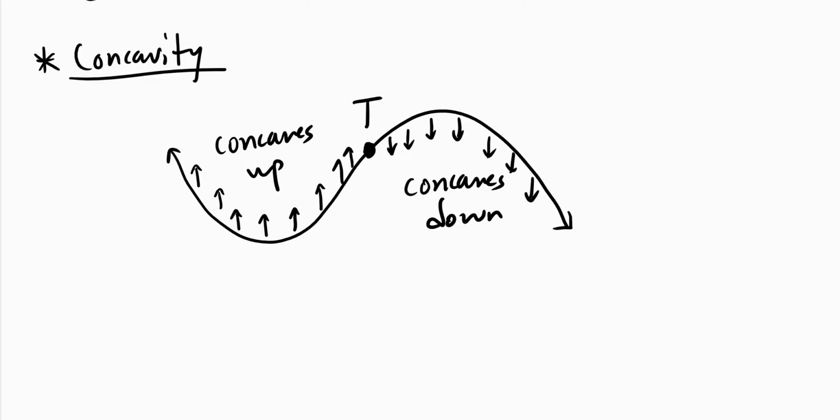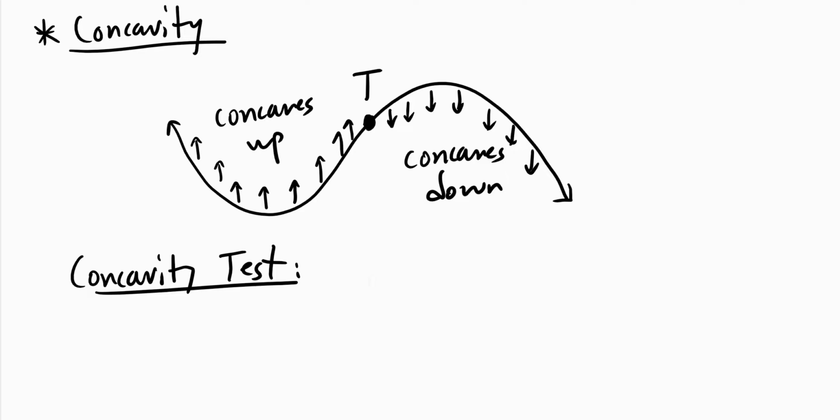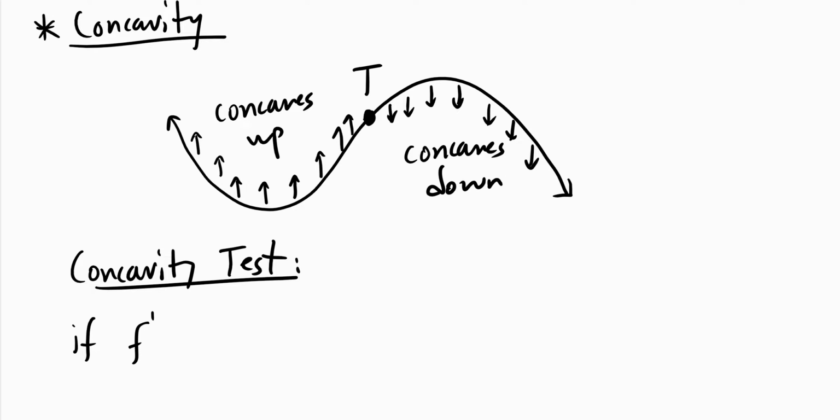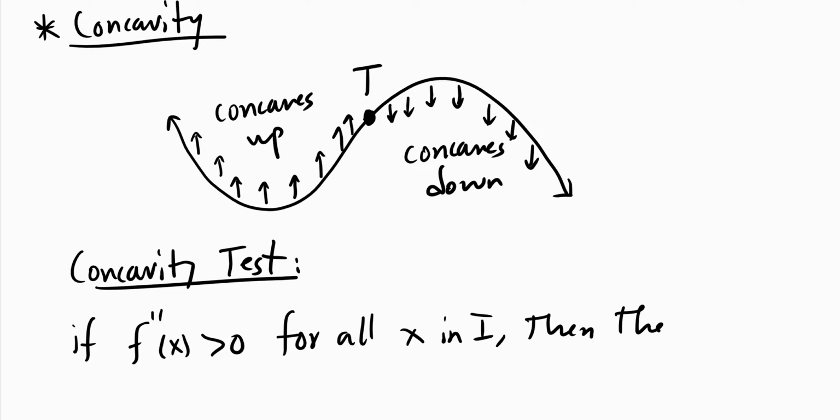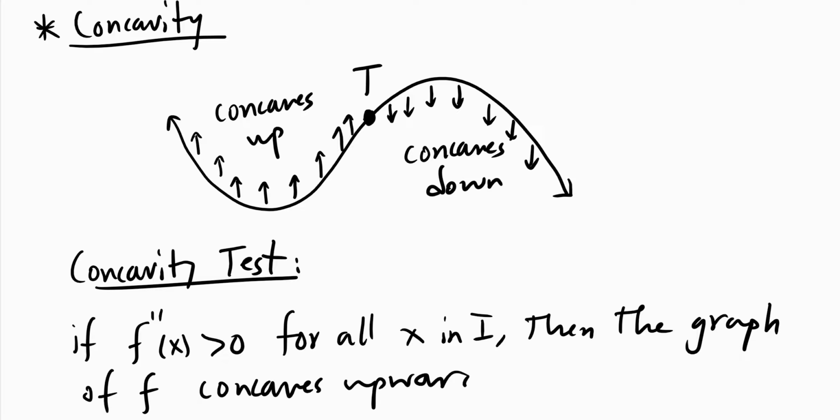The concavity test states if the second derivative is bigger than 0 for all x in an interval I, then the graph of the function f concaves upward on I. That's what it is.